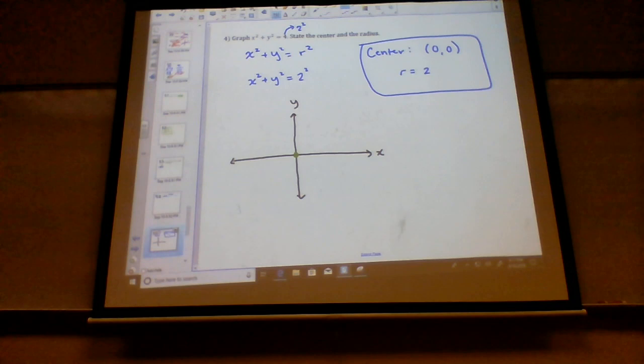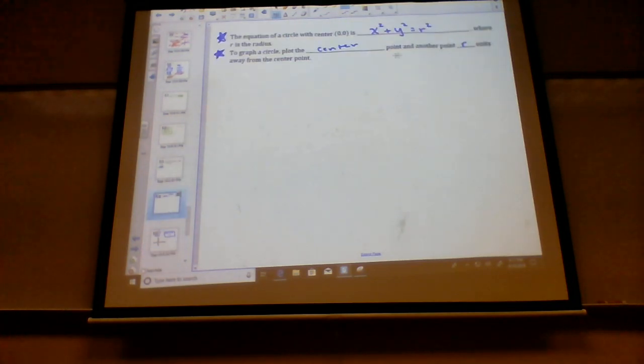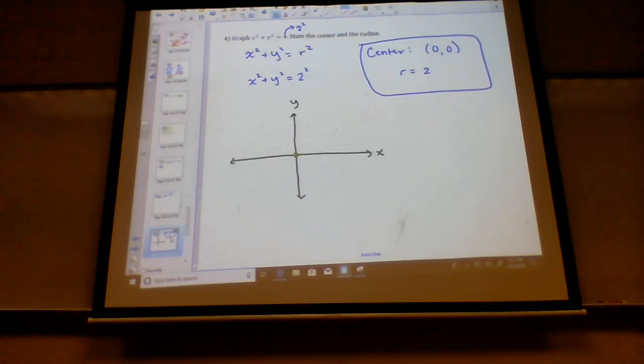And then it says plot another point r units from the center point. So you're just going to count out 2 units: 2 units up, 2 units left, 2 units right, 2 units down. Okay, so you just do 2 units all ways and draw a circle through those outer 4 points.